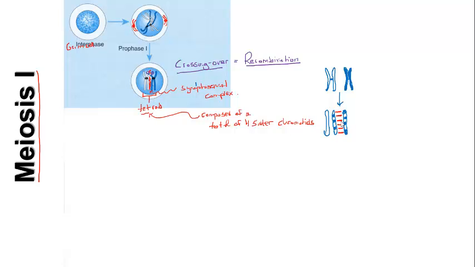All right, and this is quite a bit simplified in reality because the crossing over is far more likely to occur far out towards the tips of the arms, much more likely to occur in those locations than near the centromere region.